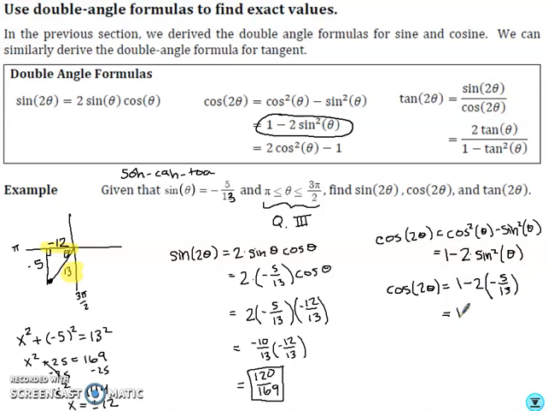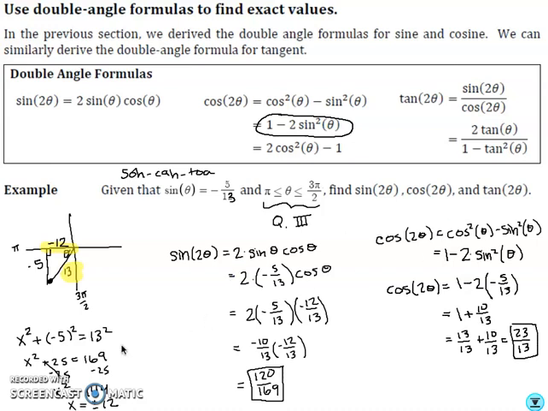So simplifying, I've got 1 minus 2 times negative 5, which would actually give me a positive 10 over 13. And then obtaining a common denominator, I've got 13 over 13 plus 10 over 13, which would be 23 over 13. So the cosine of 2 theta is 23 over 13.